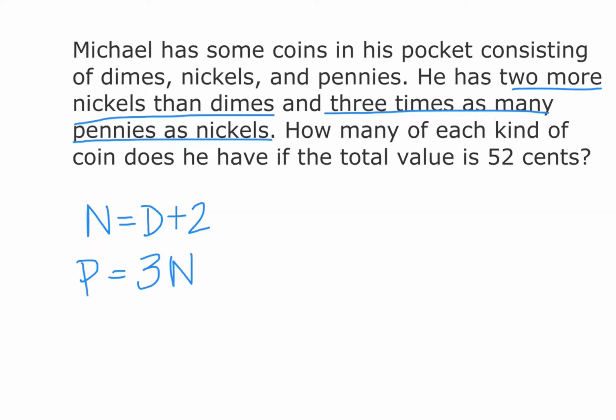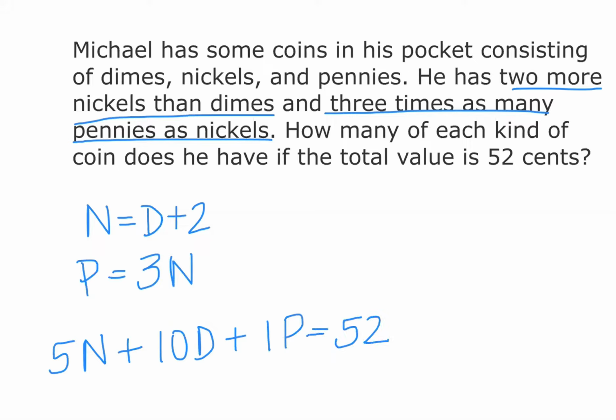The total value is 52 cents. That means nickels plus dimes plus pennies. Sorry, let me rewrite this. 5 times nickels, because we're doing it in cents, plus 10 times dimes, plus 1 times pennies equals 52 cents. Okay?